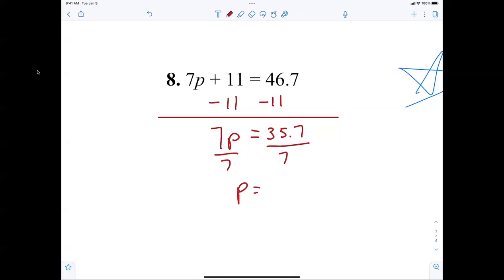What's the answer? Can you tell me? 5.1. Why is it so easy to divide? Why don't you look at it and tell me? Anybody have any questions with why it is 5.1? Easy, right? That was an easy decimal problem.